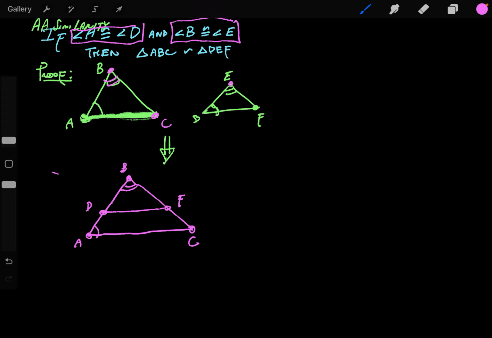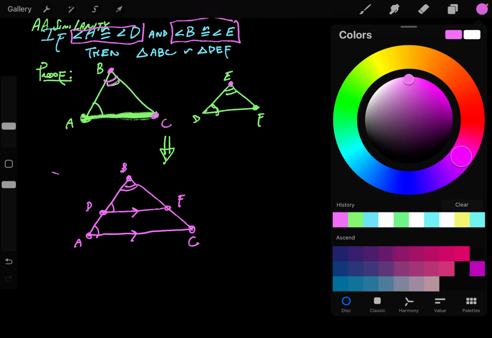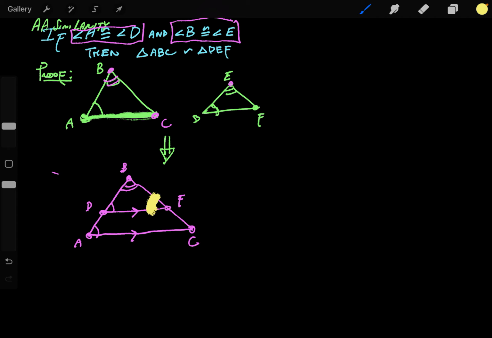A is the same as D, and that immediately guarantees that these two lines are parallel because these two angles are corresponding. Now, if we look at this diagram, it's not necessary, but we could immediately say that these two angles are also congruent, right?